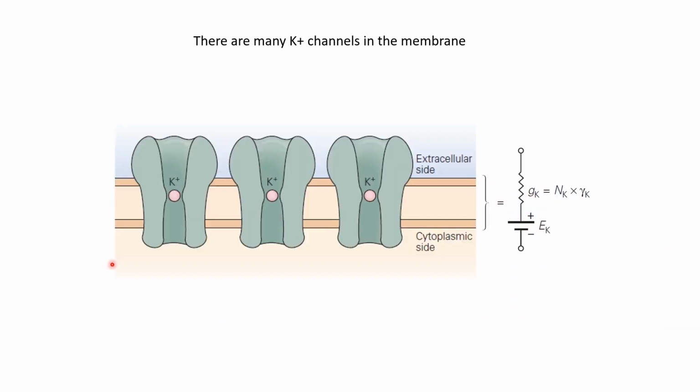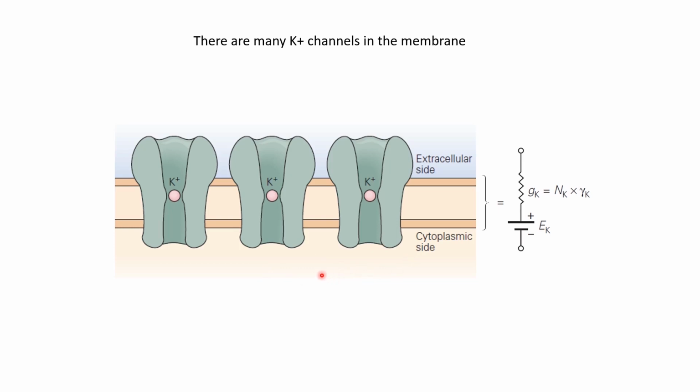In the previous slide, we were looking at a single ion channel molecule, but of course the ion channels are not present in single copies. There are many of them embedded within the membrane, and we can assume that all of these are identical molecules. If the conductance of one molecule is gamma k, then the conductance of the second molecule is also gamma k, and the third one is also gamma k.